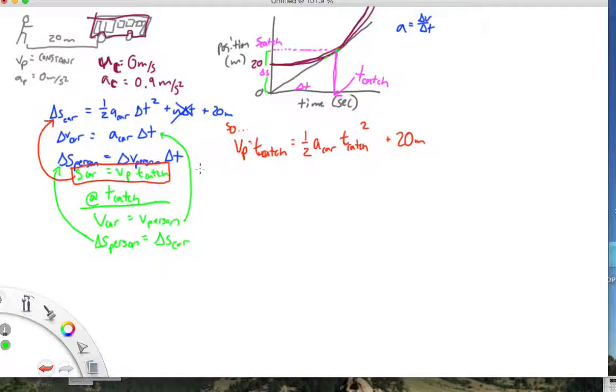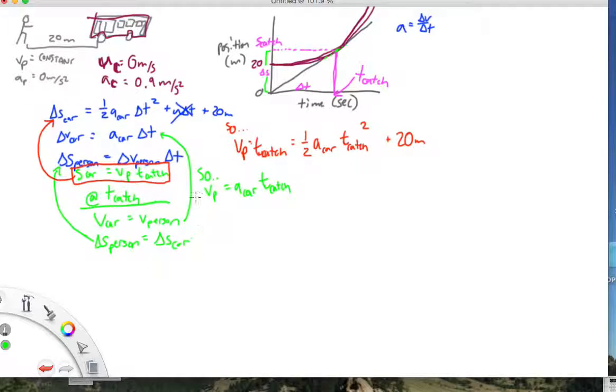I'll write that down too. So we have the velocity of the person is going to equal the acceleration of the car at time catch, so times time catch. Okay, great. Wonderful.